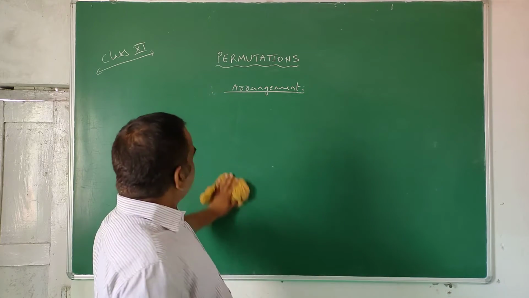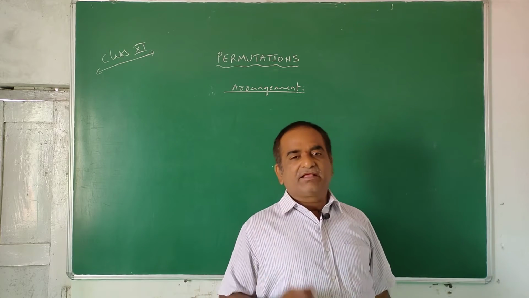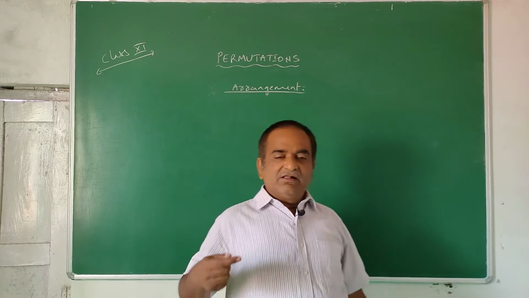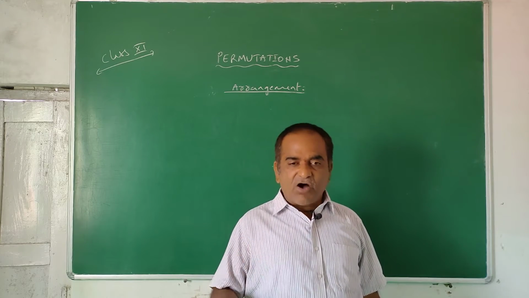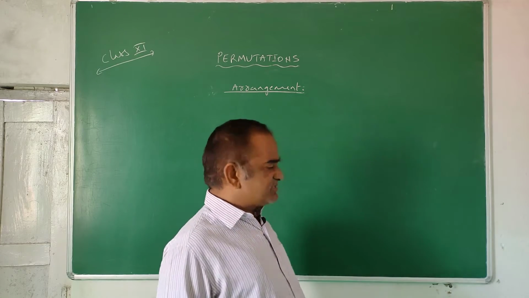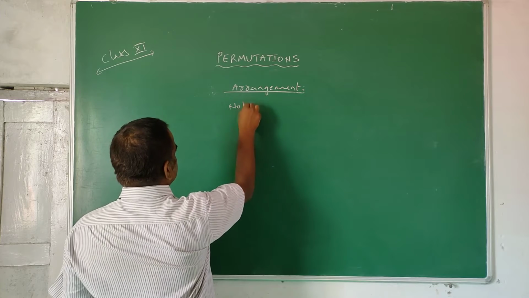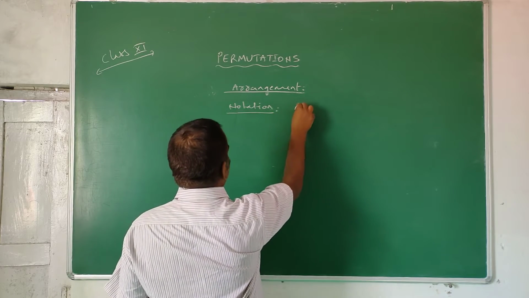Now I am going to introduce a notation, then the meaning of the notation, and then its rule, principle, formula. What is the formula for that notation? The first notation is nPr.